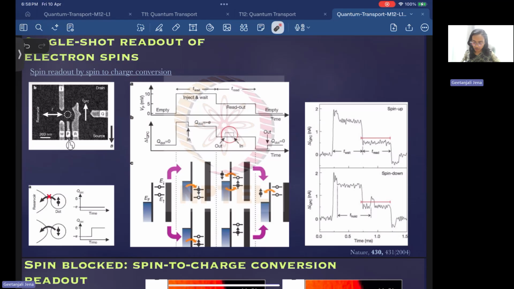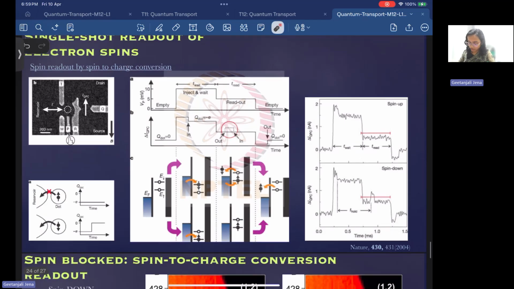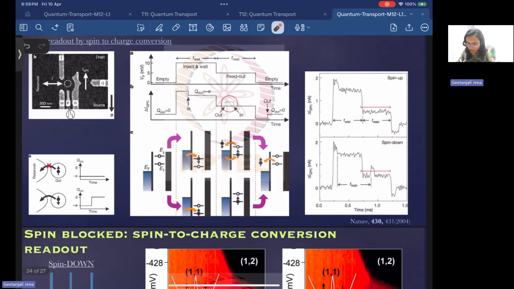So let us see the behavior of the response of the tunneling event through this quantum point contact. Recall that whenever the electron tunnels out from this quantum dot, we see a change in the charge configuration of the quantum dot, and the current through this quantum point contact will also change.